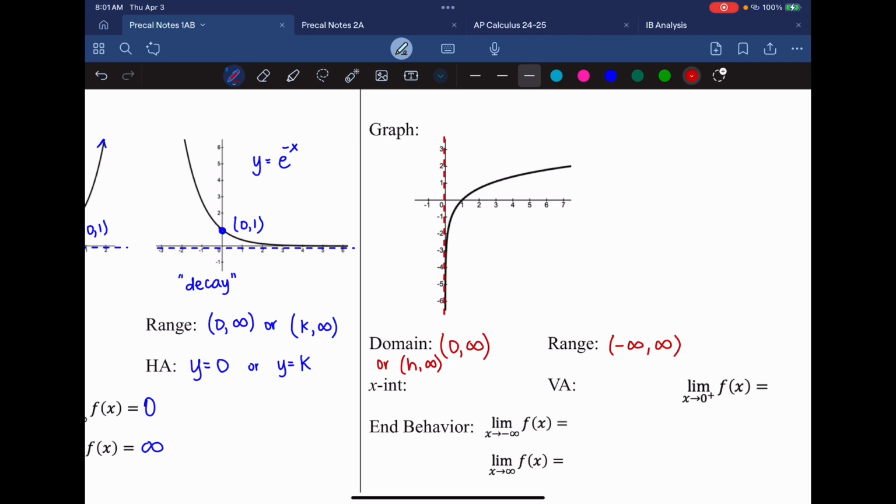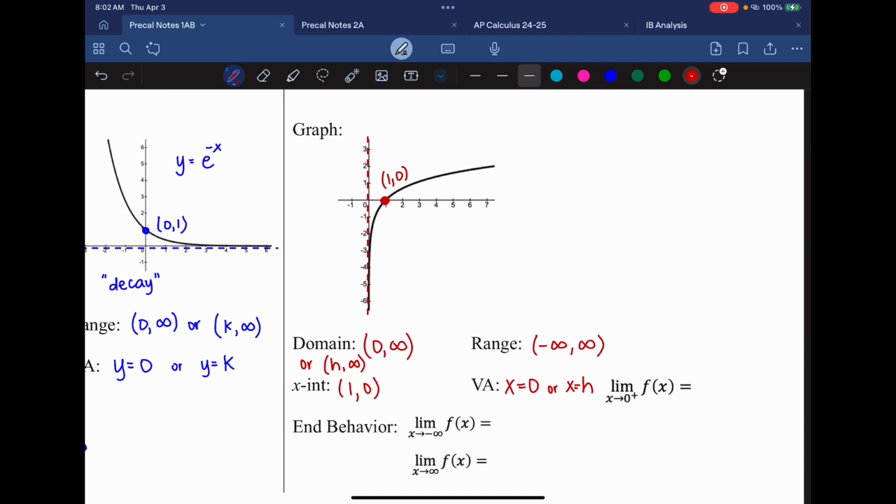Your x-intercept is going to be at 1. And again, it should be 1 unit to the right of your vertical asymptote. Our vertical asymptote is going to be at 0. Again, that will change if we have a horizontal shift.